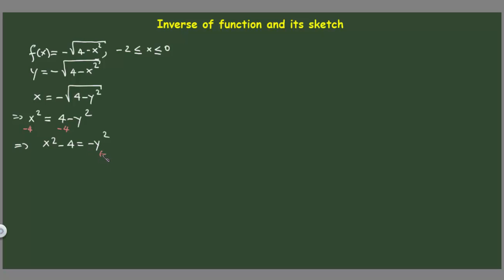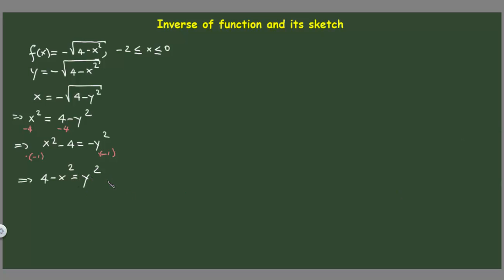So multiply by minus 1 on both sides, and we obtain here 4 minus x to the power 2 equals y to the power 2.